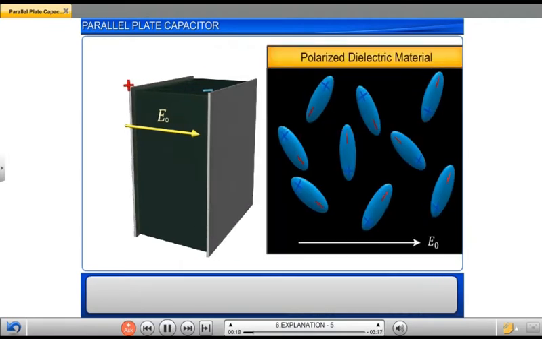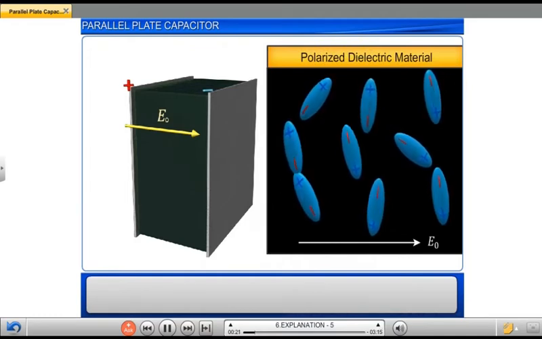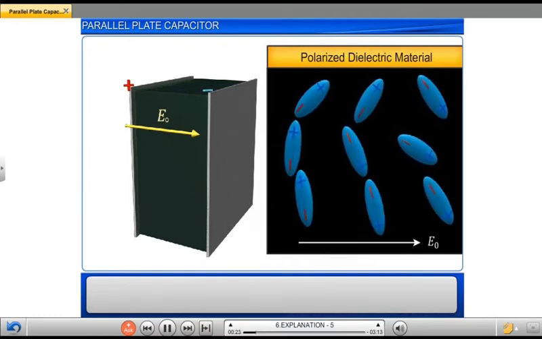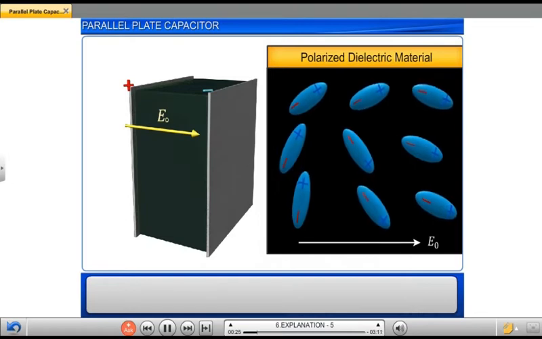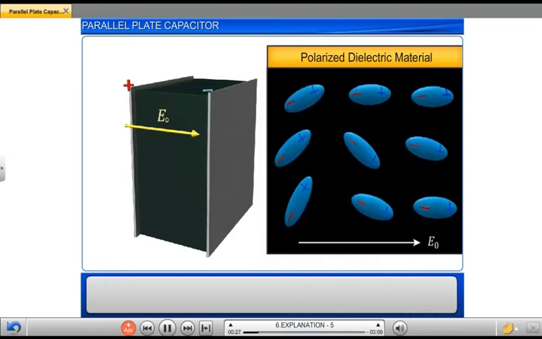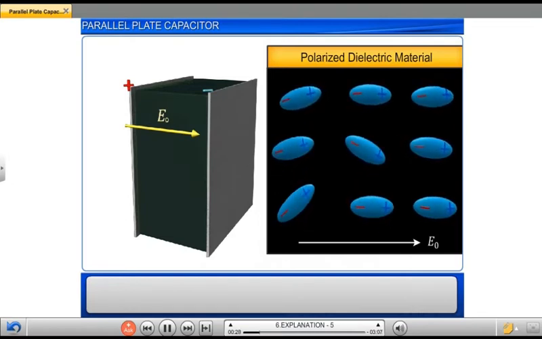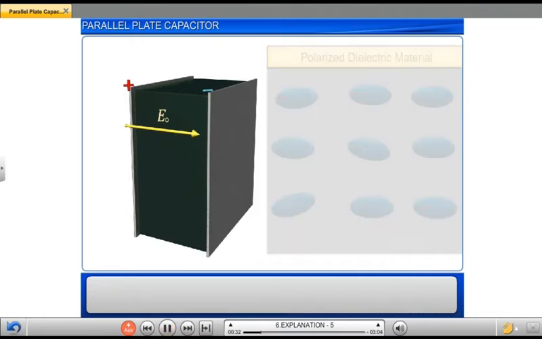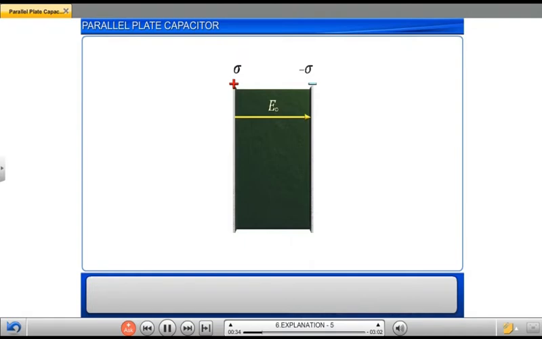We know that when a dielectric medium is in an external electric field, it is polarized. The net effect on the dielectric is that there is an induced positive charge density plus sigma dash on the right face and minus sigma dash on the left face.